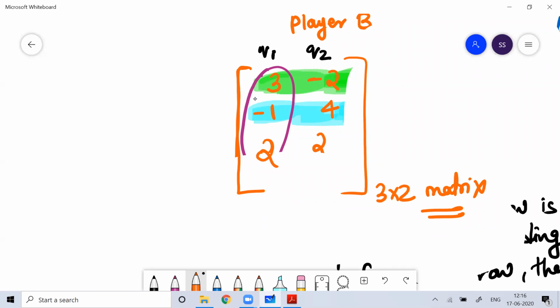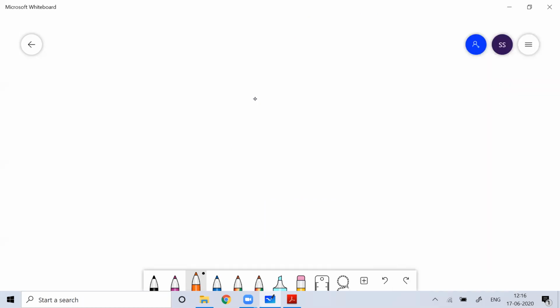So let's use the graphical method to solve this problem. Now the problem has become: 3, minus 1 and 2, and minus 2, 4 and 2.